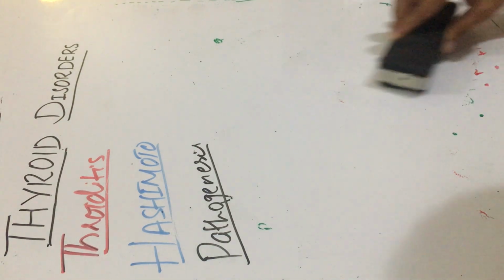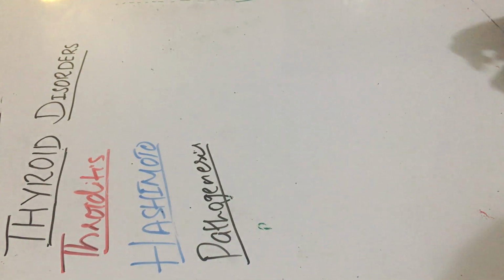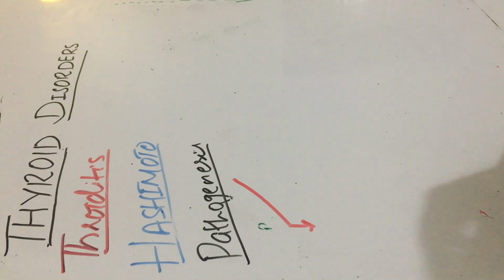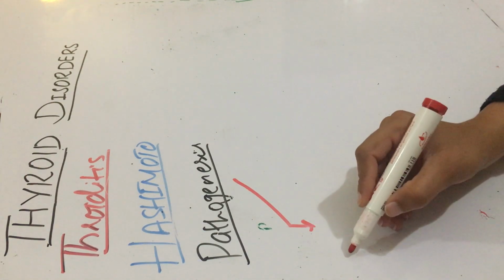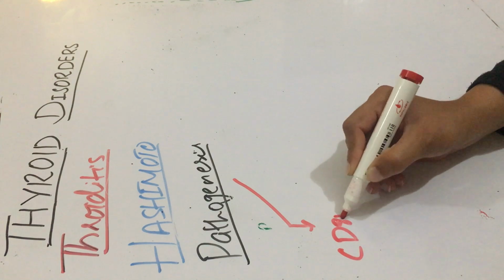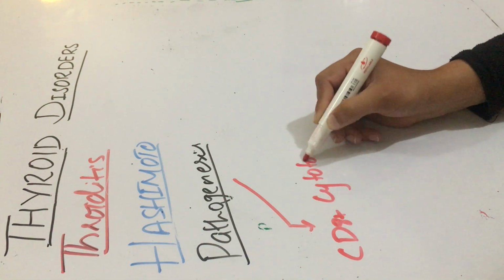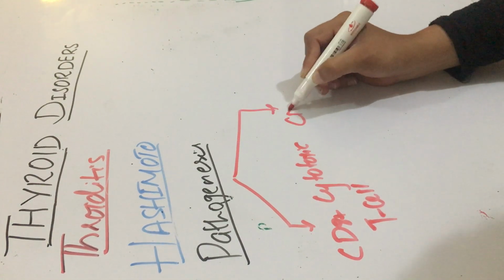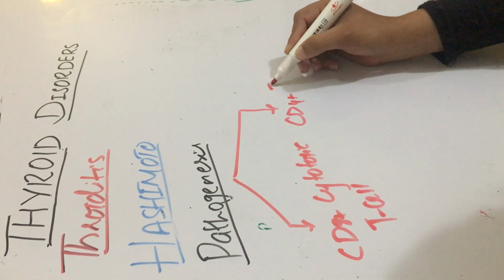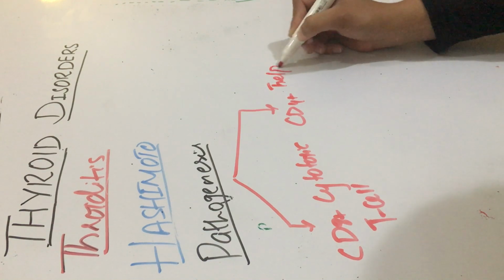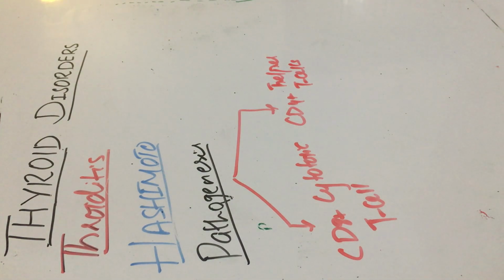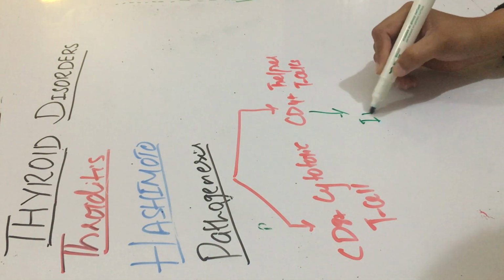Now we discuss the immunologic mechanism of thyroid cell death. It comes under the pathogenesis. The death of thyroid follicular epithelial cells could occur either due to CD8 positive cytotoxic T cells, or CD4 positive helper T cells, which produce inflammatory cytokines like interferon gamma.